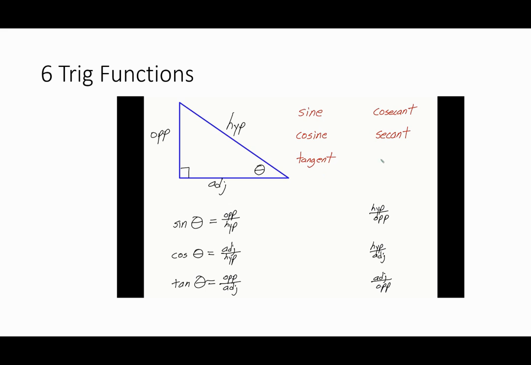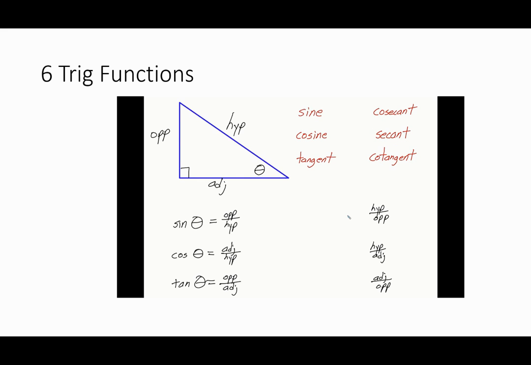And then for tangent, we also have cotangent. Secant, cosecant, and cotangent. And we abbreviate these just like we abbreviate sine, cosine, and tangent with the first 3 letters. We do the same thing here.